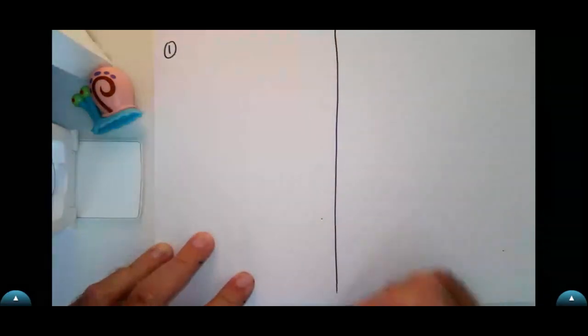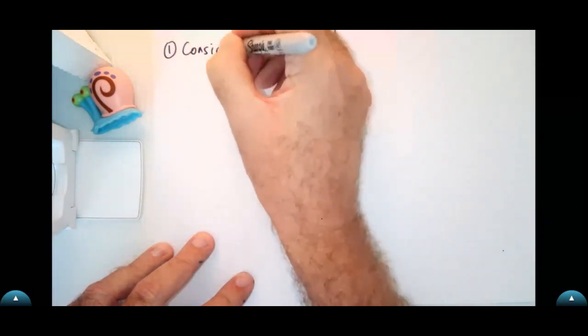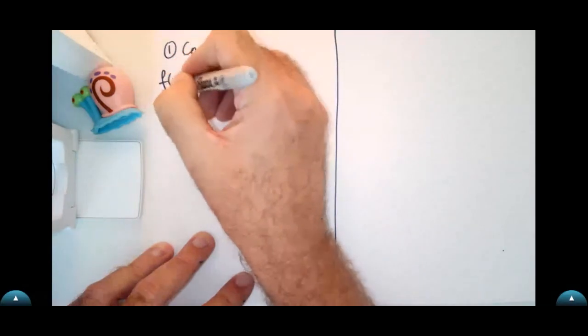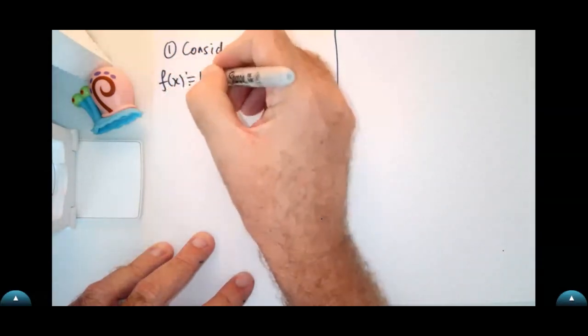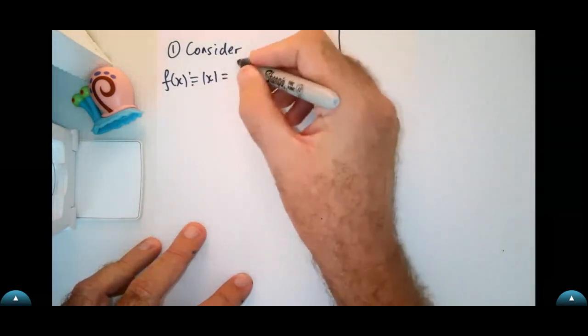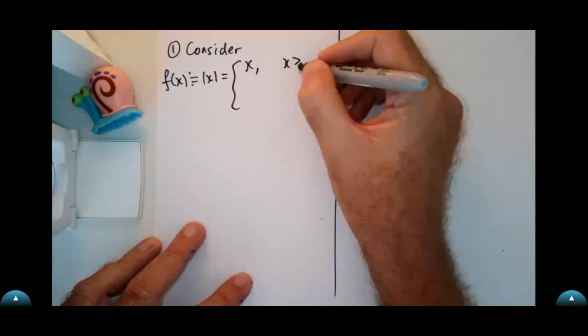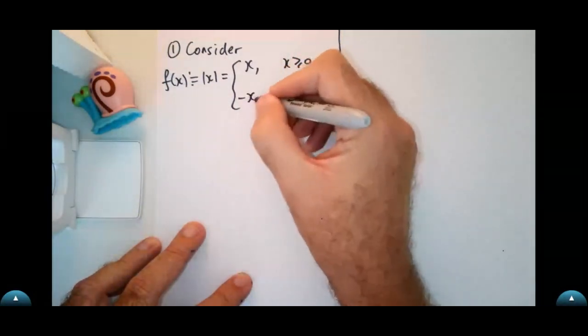Okay, so we have a function, and this is question 1 from chapter 3. Here's our absolute value function. And we know that this is a piecewise defined function. It's got two parts to it.